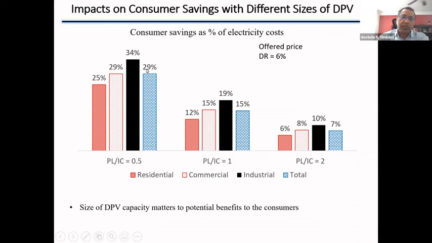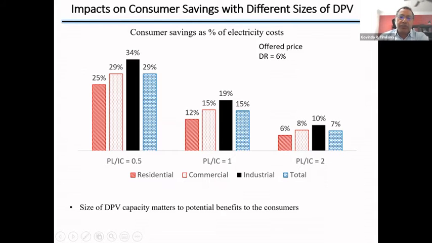This is what we already saw. But if the peak load is equal to the installed capacity, their savings range from 12% to 19%, on average 15%. And even if they cannot sell any electricity, they will still benefit from 6% to 10%.